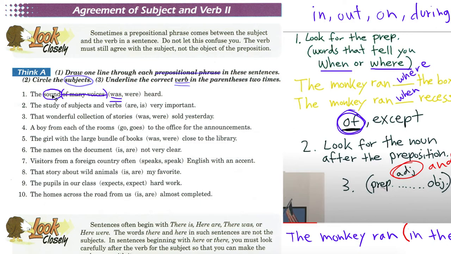If our subject was plural, then we would use were. Like if it was the dolphins, then I would use were as my verb since dolphins is plural. But since sound is singular, I'm using was. And yeah, so that's it.